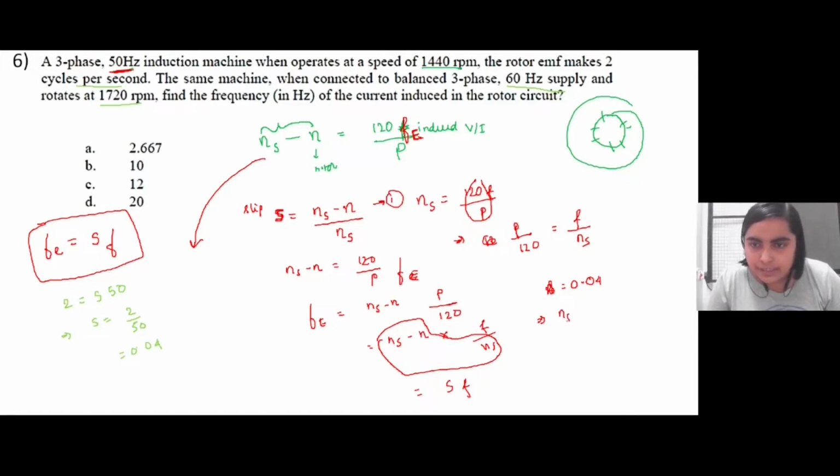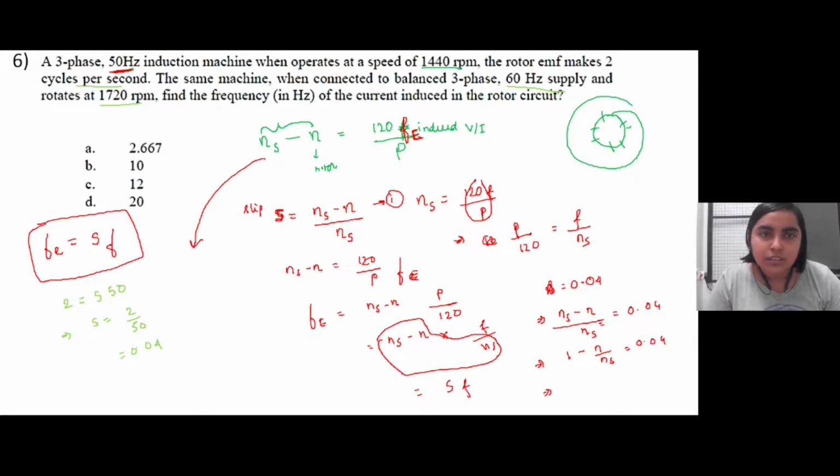So it is ns minus n by ns equal to 0.04. So it is basically 1 minus n by ns equals 0.04. Ma'am, can't we calculate ns directly with 120 f by p? The p is not given here, right?